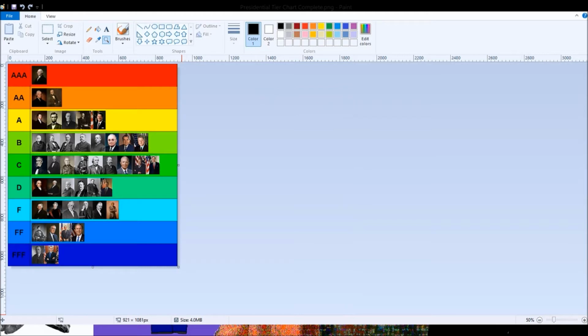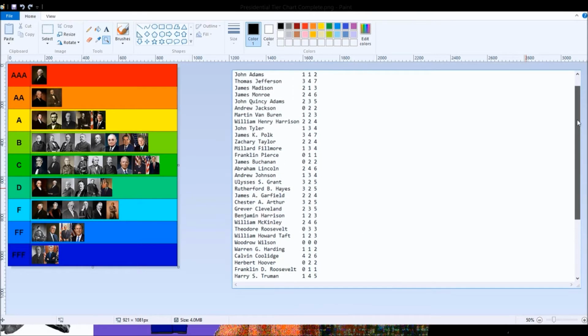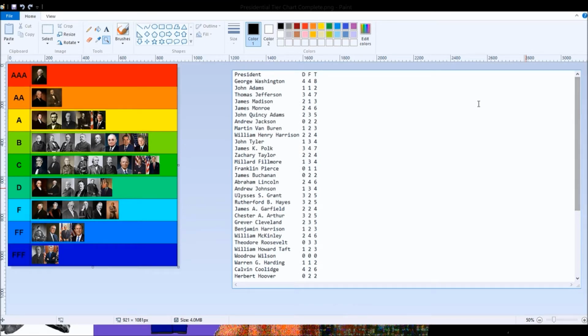The other piece of information that's relevant to this is that this here is my actual tier list where I put the scores of the presidents. The scores were decided based on a double 4-point score, which means that from 0 to 8, there are 9 possible permutations of score.